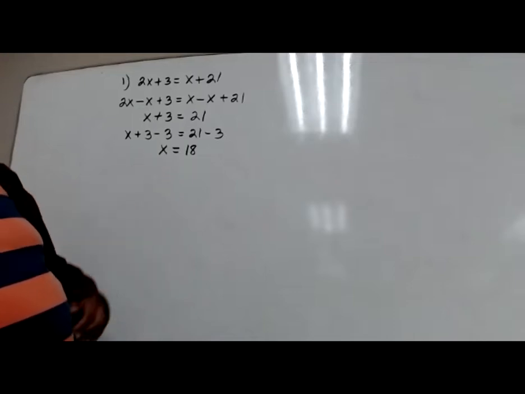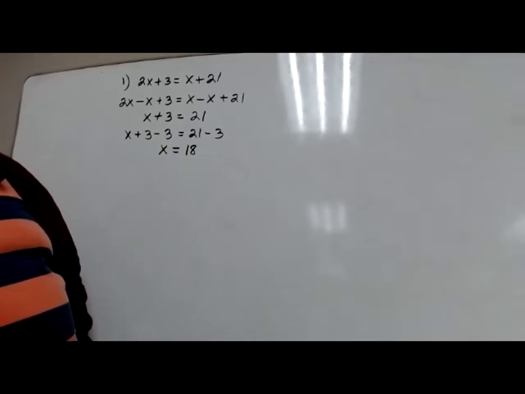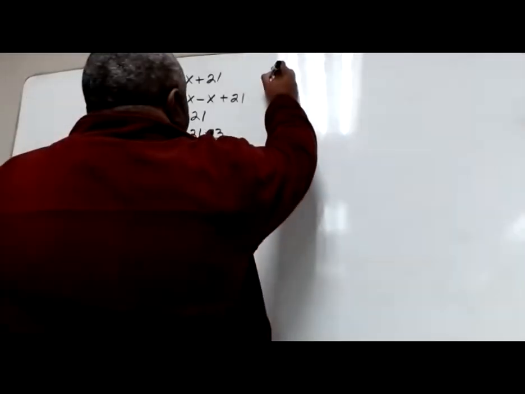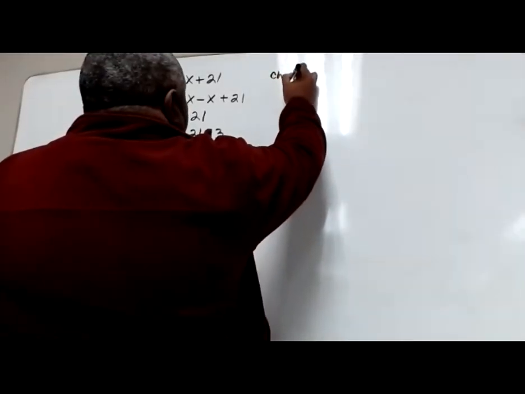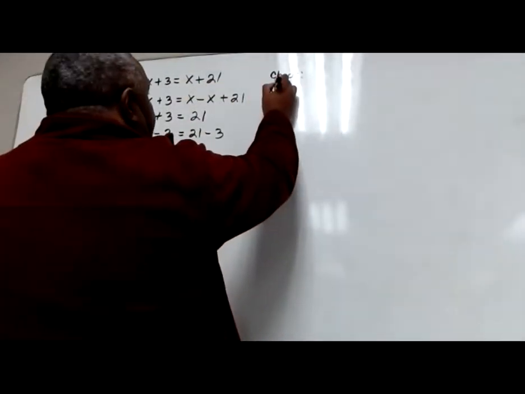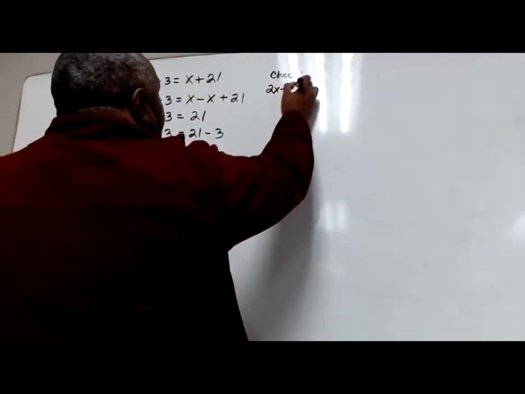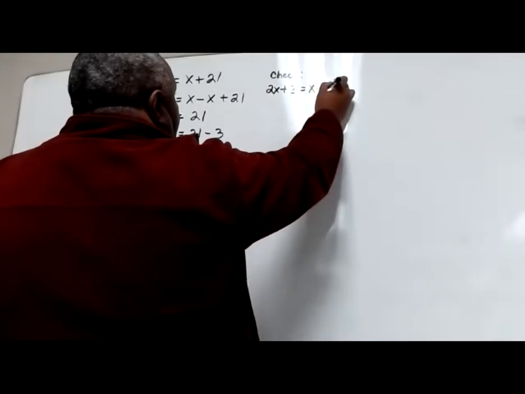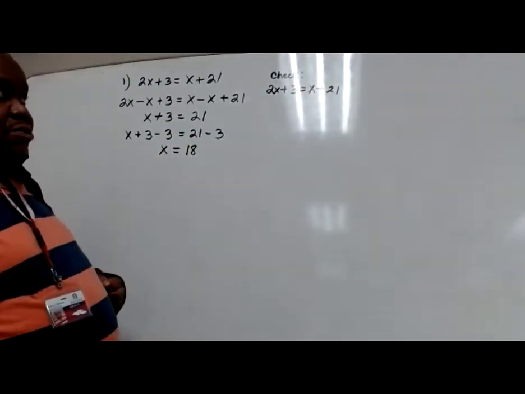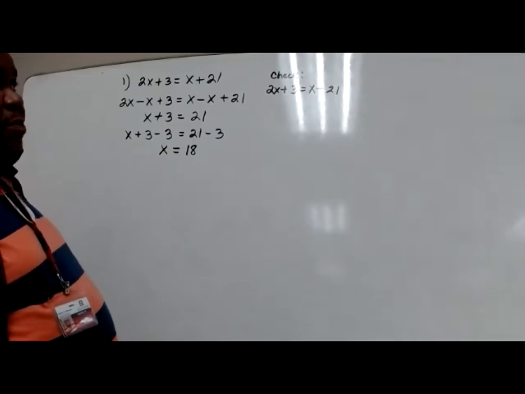If you were asked to check to see if that solution satisfies this equation, what I have to do is take the original equation and substitute each x with the proposed solution.